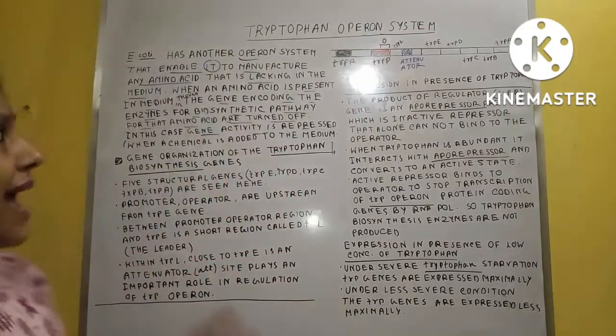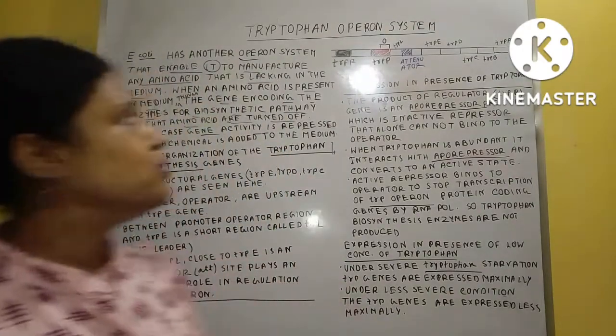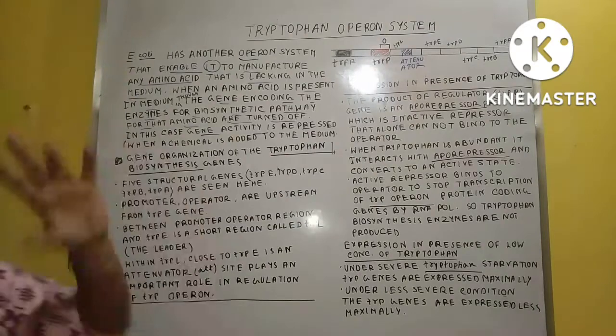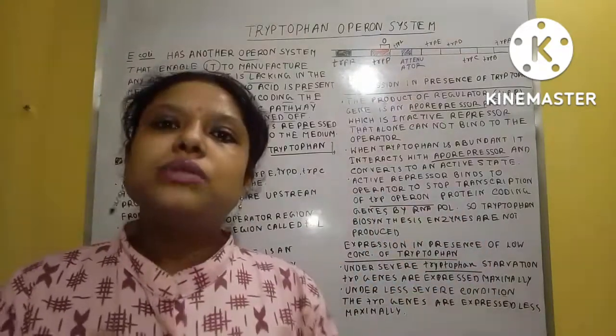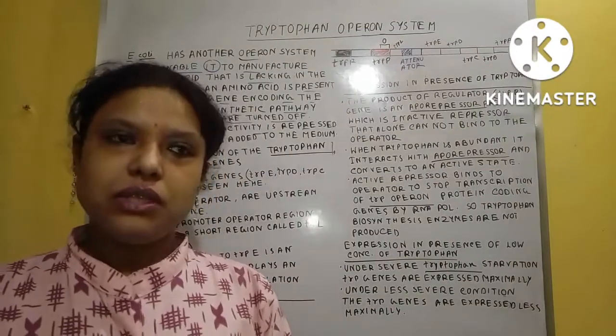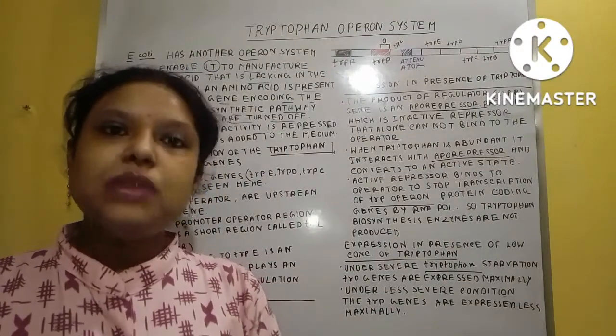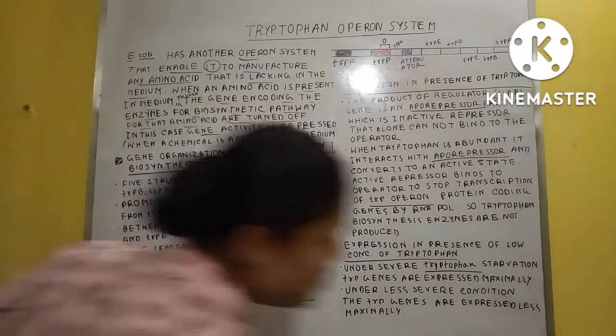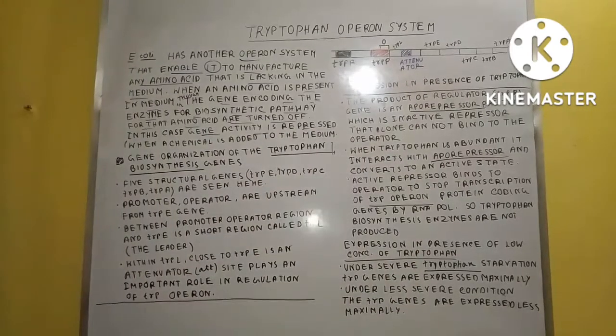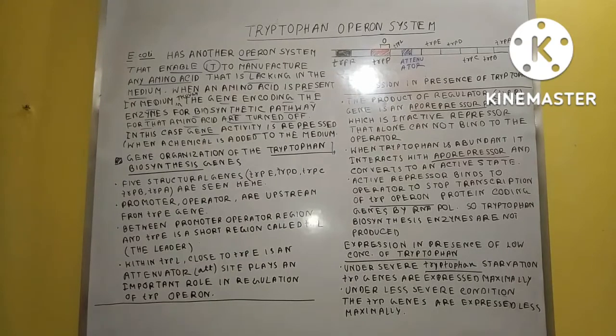So this is the actual role of the tryptophan operon system, because when a particular amino acid is not present, the cell growth of the E. coli becomes stopped.